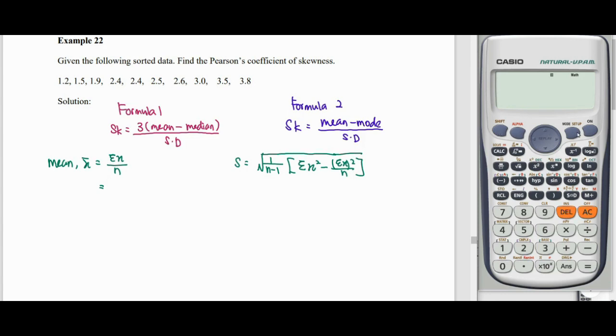So first, we're going to take your mode, find statistics, one variable. So key in our data here.